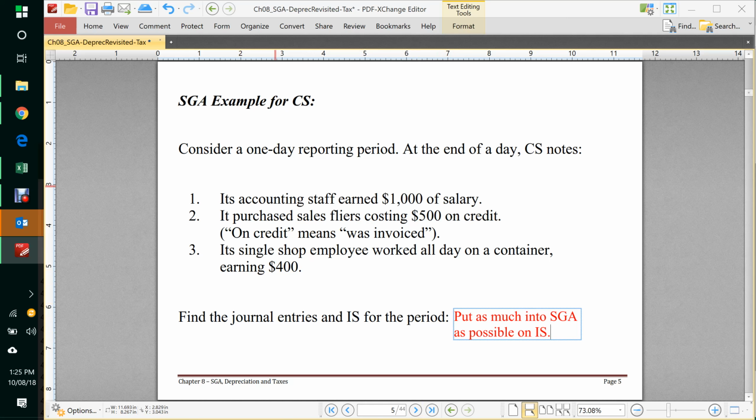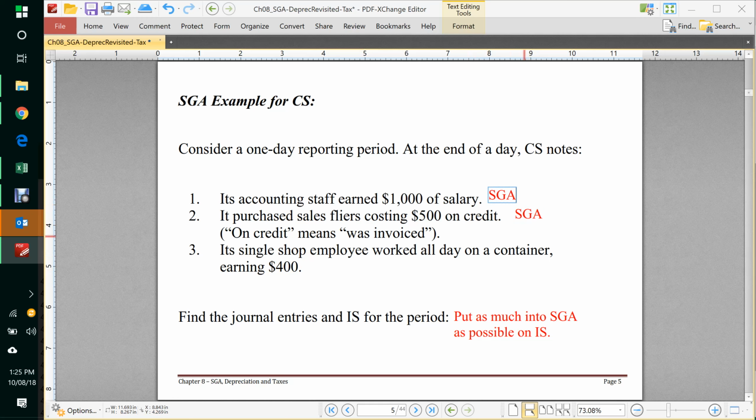So we've got this one-day accounting period. Its accounting staff earned $1,000 in salary. It purchased sales flyers costing $500 on credit. So this is looking to me like a candidate for SG&A. Also accounting staff salary, not inventory, period expense.